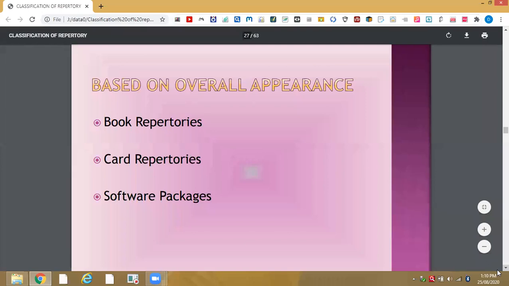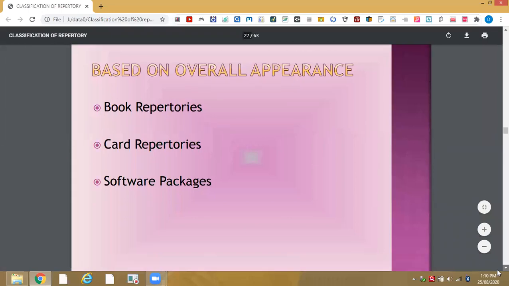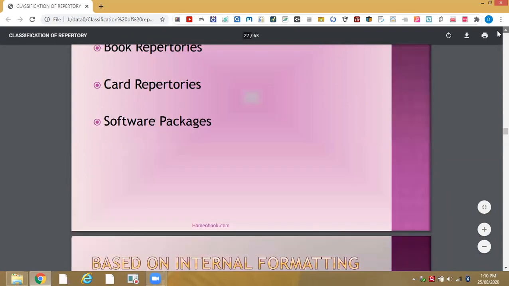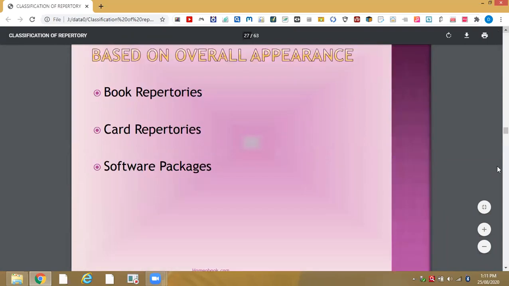According to how the repertory is formatted, it is classified into these three groups: book repertory, card repertory, and software packages.